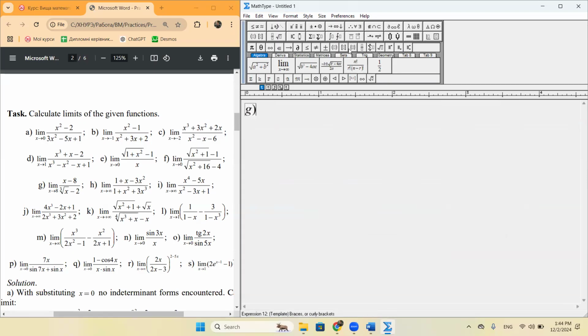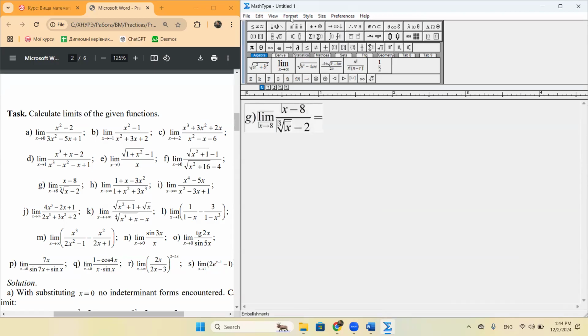So now G. What we have is the limit as x goes to 8 of x minus 8 divided by the cube root of x minus 2.